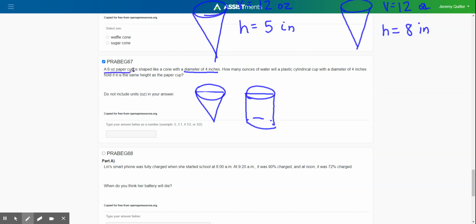Recognize that the total volume here is 6 ounces. How many ounces right here, with the understanding of the concepts of volume of a cone when it has the same diameter and the same height. I know I'm not really giving you a whole lot there, but it does have something to do with recognizing the difference between the formulas for volume on each of these. So pay close attention to that.